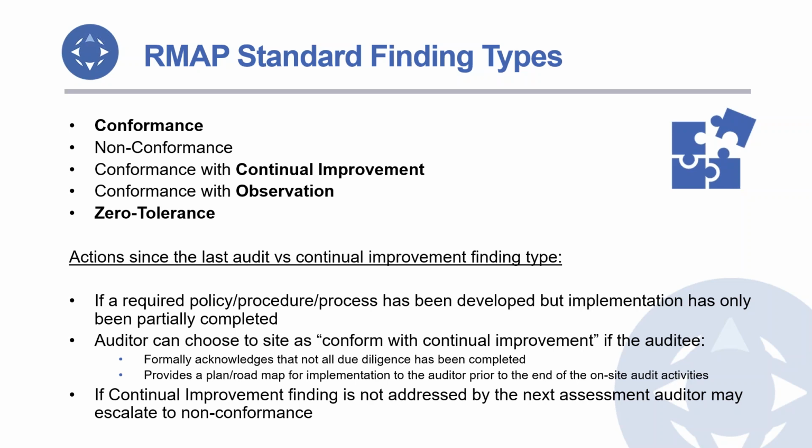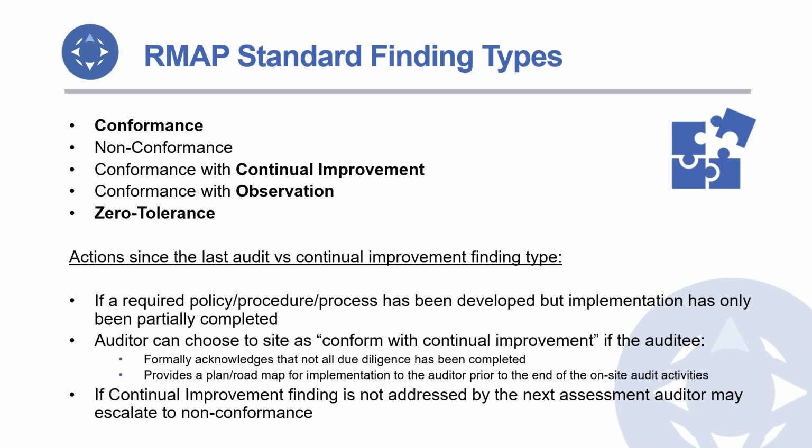Again, I do want to stress that this is different. The finding, conformance with continual improvement, is different from a question in the workbook about what continual improvement activities the auditee has done since the last assessment.